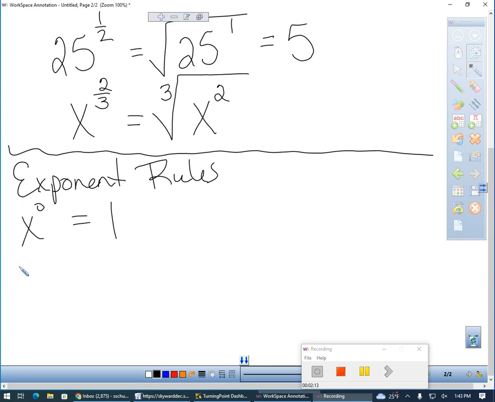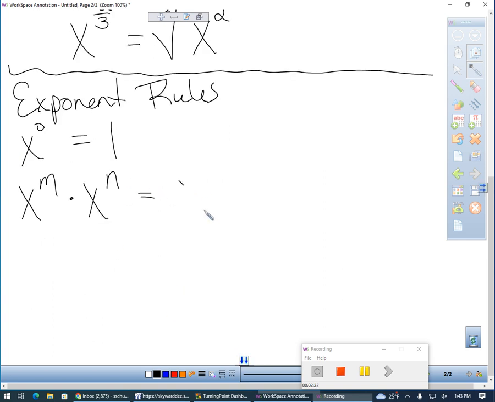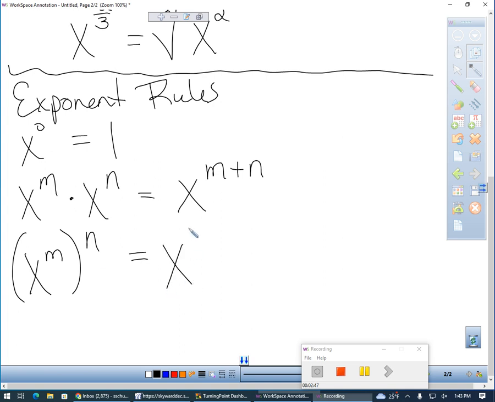If I have x to the m times x to the n, so my bases are the same, my rule says that I keep the base and I add my exponents. If I have a base with an exponent and then it's raised to an exponent, here we multiply our exponents. So this is x to the m times n.